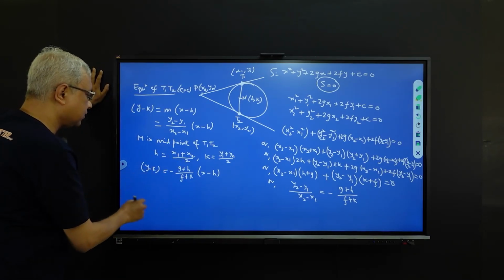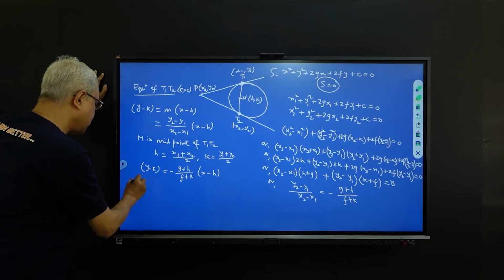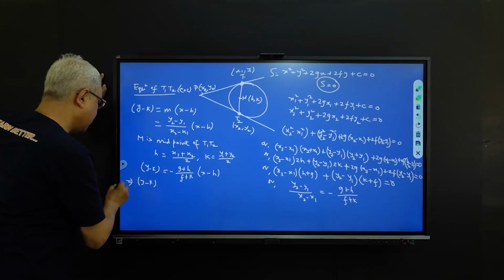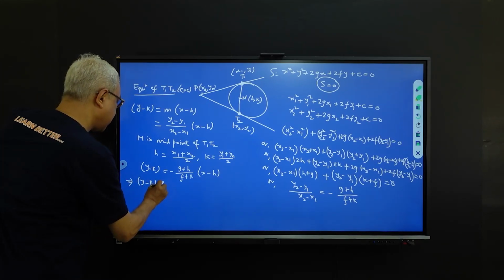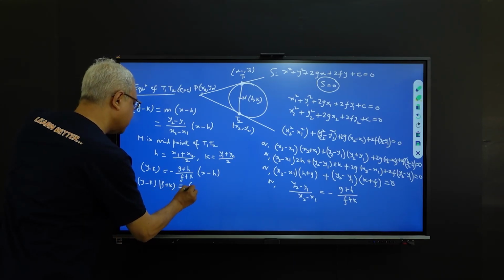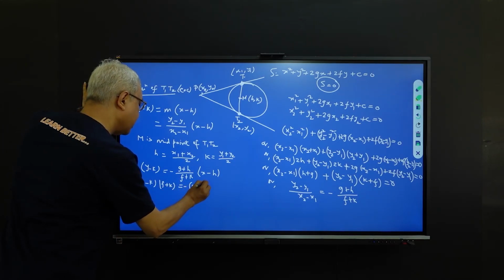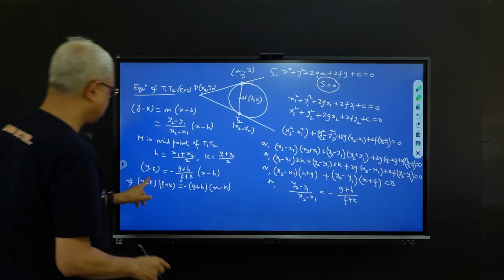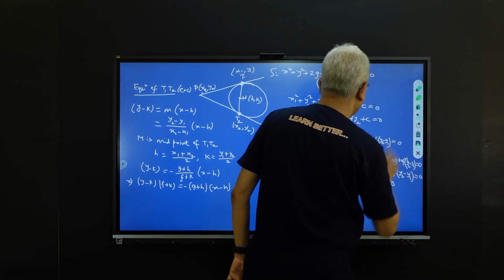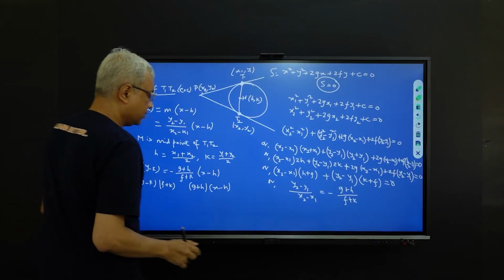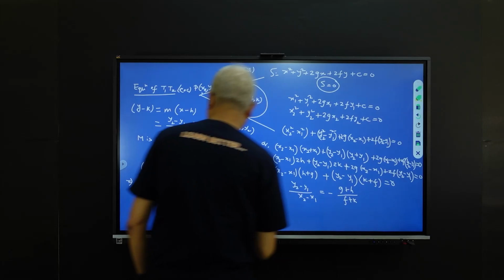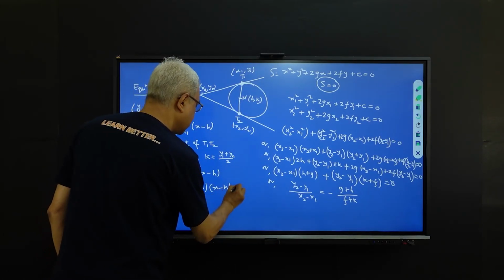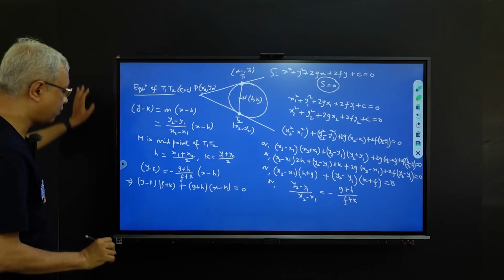So if I just cross multiply, it is (y minus k) into (f plus k) equal to minus (g plus h) into (x minus h). I can take all the things to the left and write this plus this equal to 0. No problem.